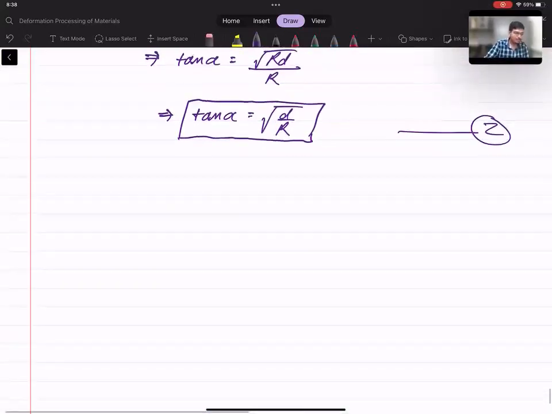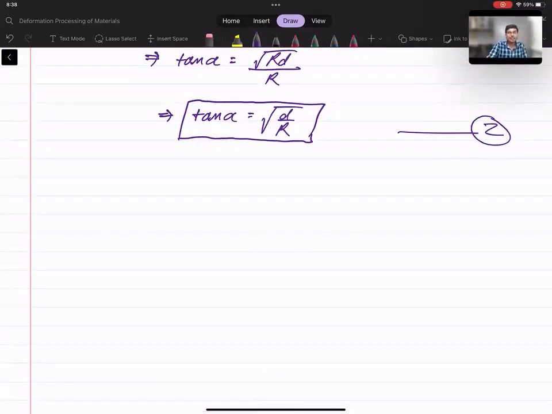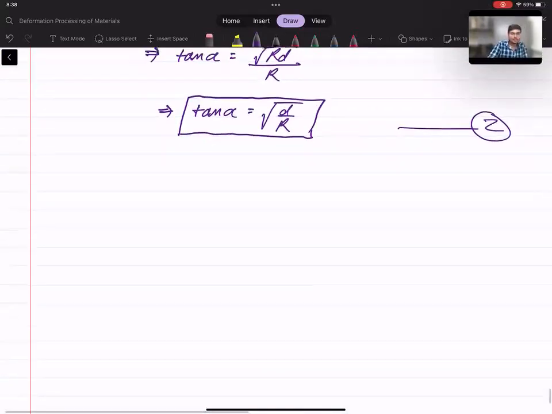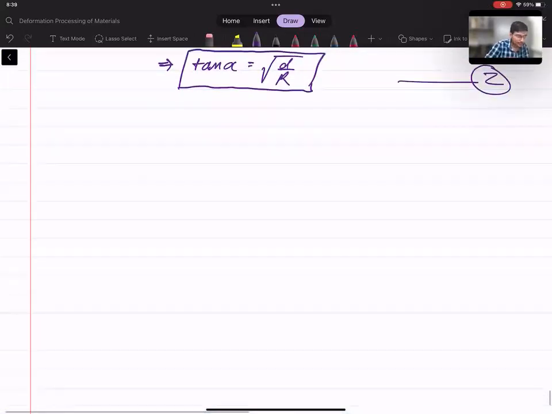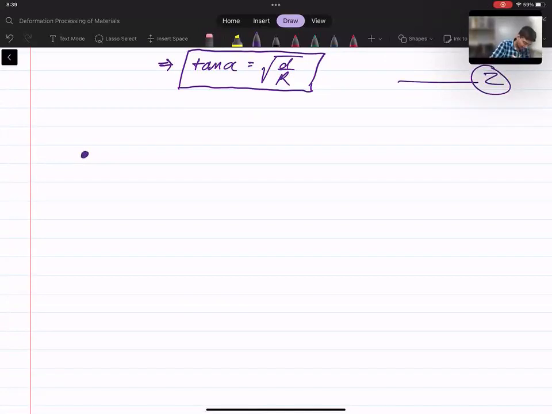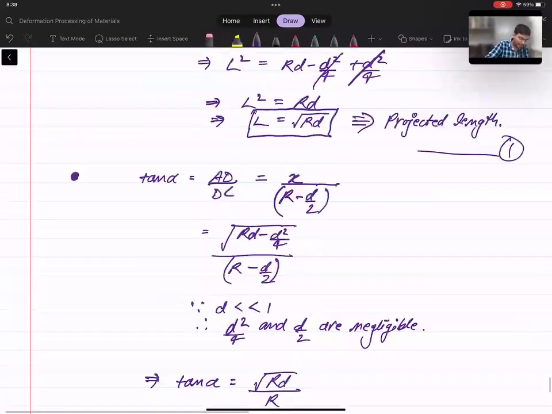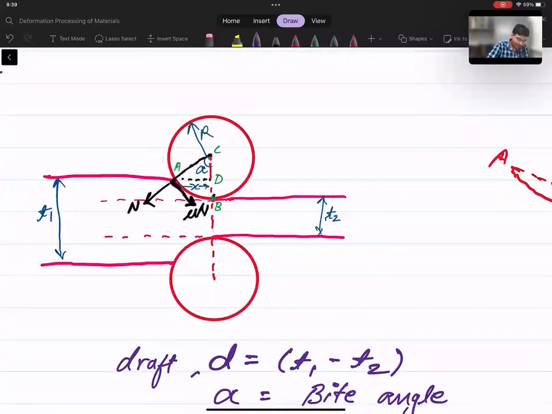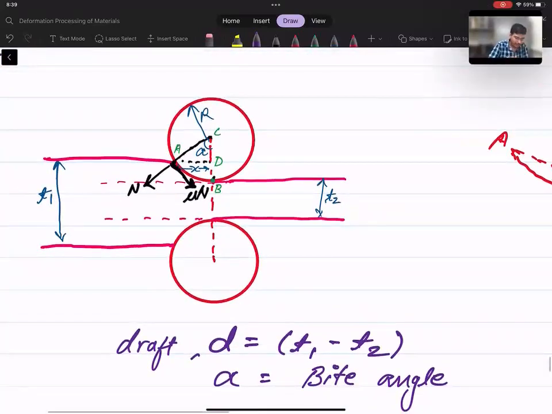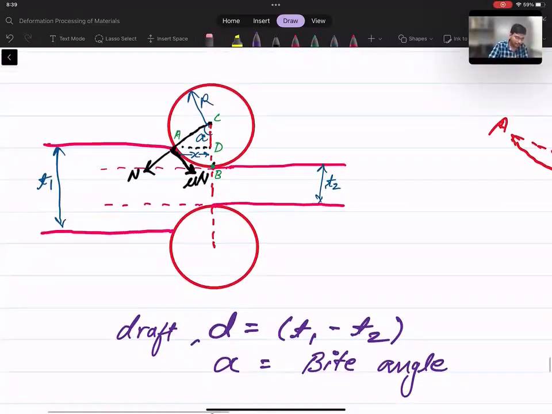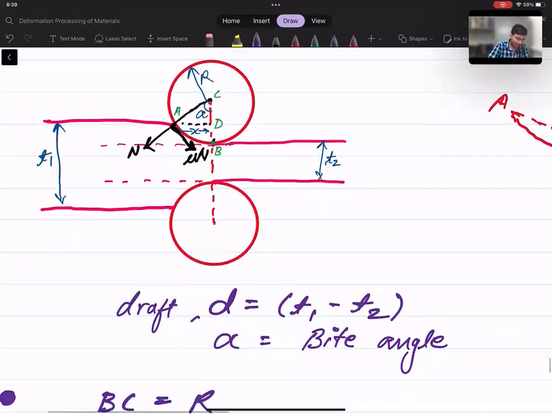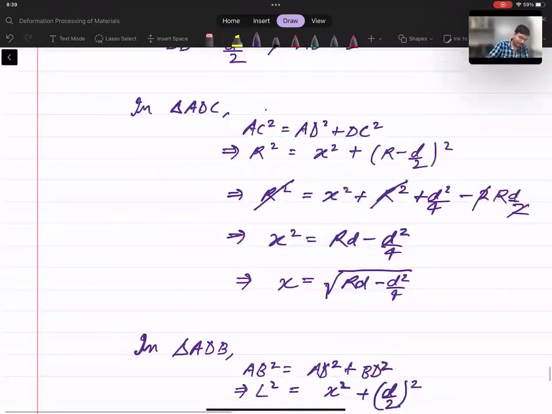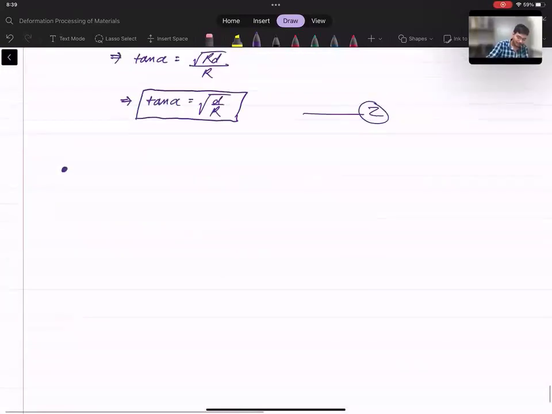Now let us see the maximum draft which can be achieved during this rolling operation. Okay. So for better clarification, let me draw this particular loading condition again. Okay. We will see only the loads which are acting. So at the point C, the angle is alpha. Okay. So let us see how it appears.